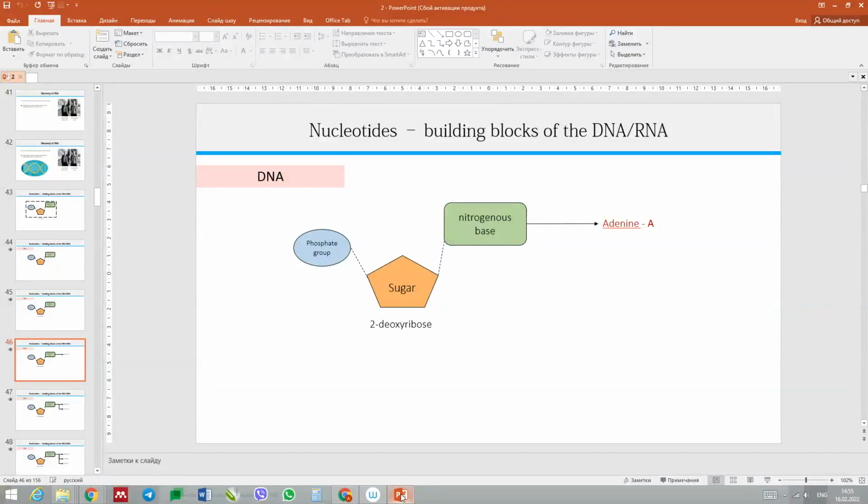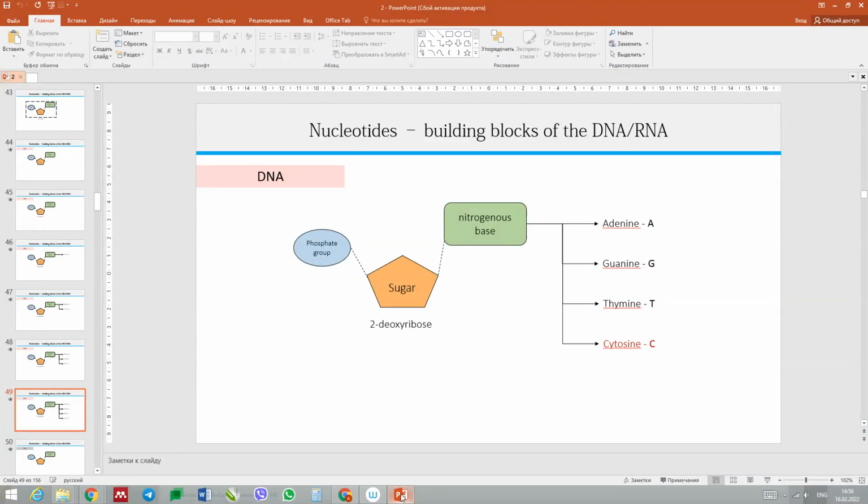Nitrogenous bases can be of four different types. For example, one type is called adenine, but it can be another type, called guanine. Another type of nitrogenous base that can be present inside a nucleotide is thymine, and yet another one is cytosine.